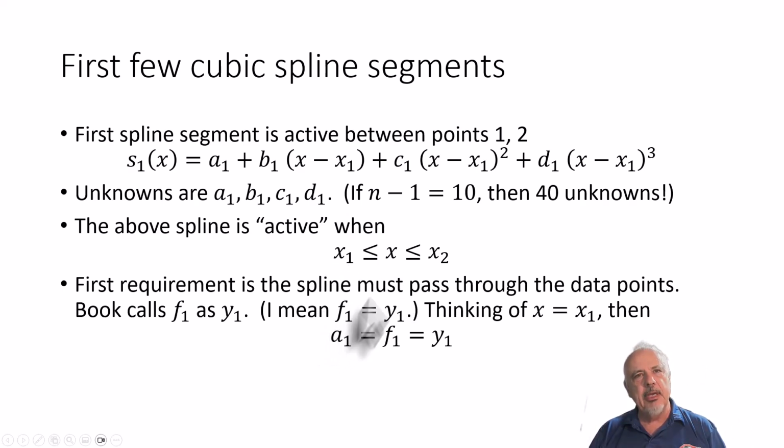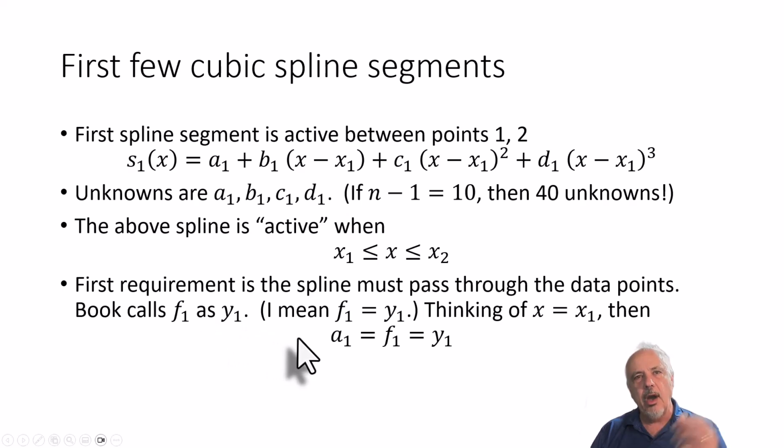If x happened to be x1, you'd have x1 minus x1 in the last 3 terms, so those would all vanish, and the spline should report A1. It has to equal the particular y, or the function. Sometimes f of x is used, or you just call it y, which would be the density in our example.